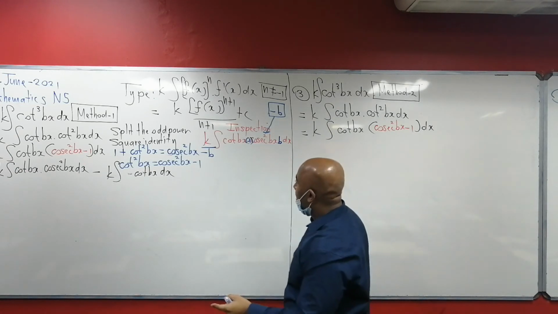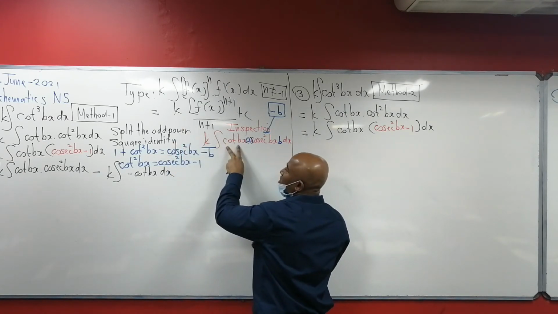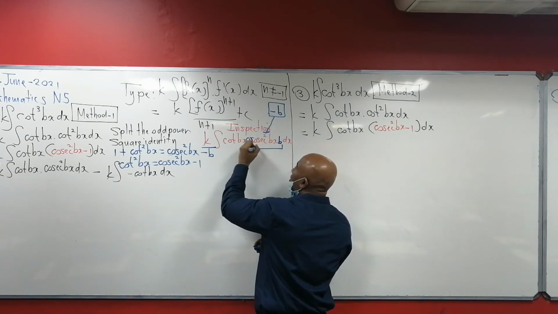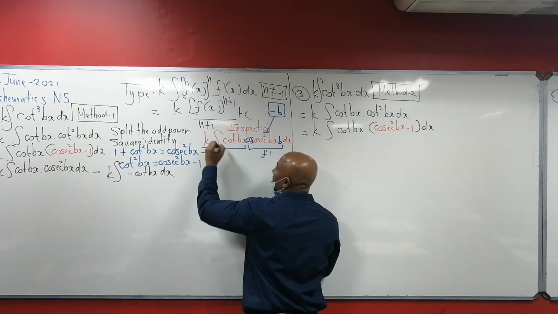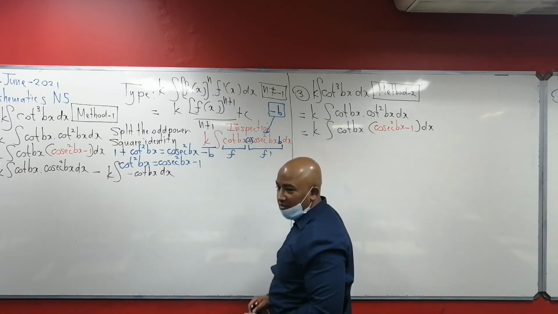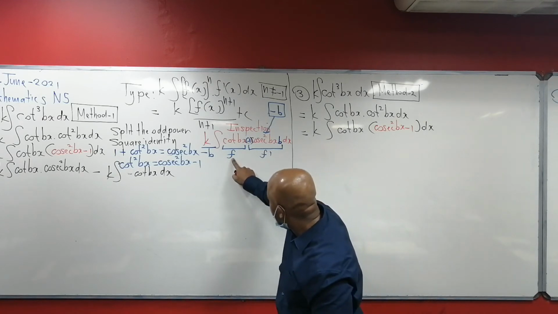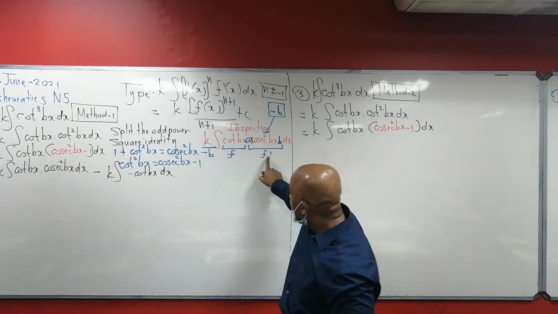Okay. So now I have the situation: constant, f of x to the power n, multiplied by f prime x. This whole part here is f prime, this is f. You know your differentiation, there's no way you can go wrong here. There's your f, it's actually f to the power 1, and there's your f prime.